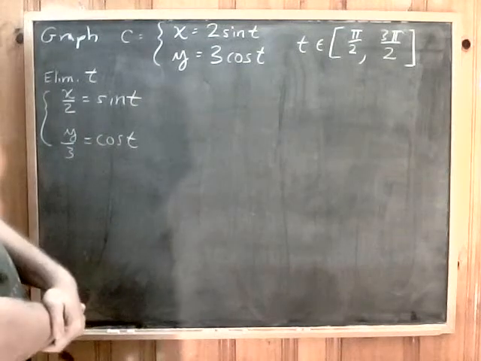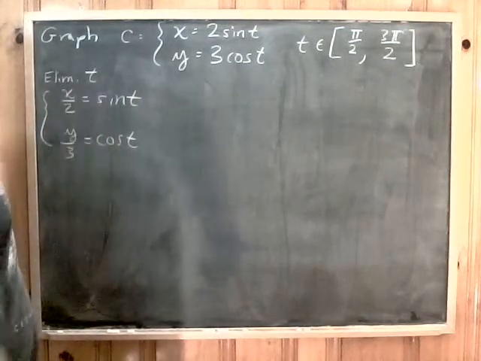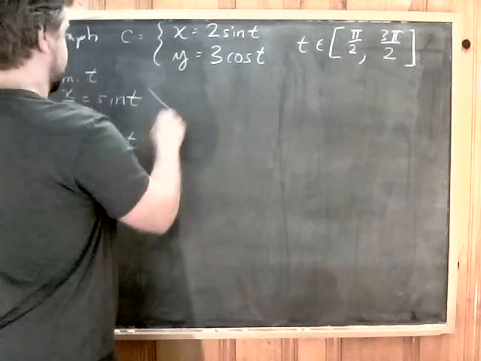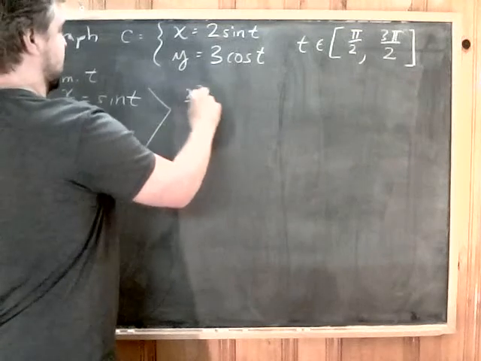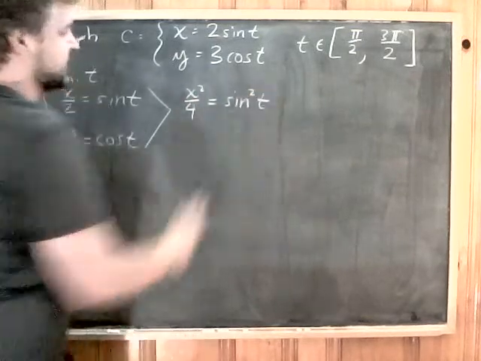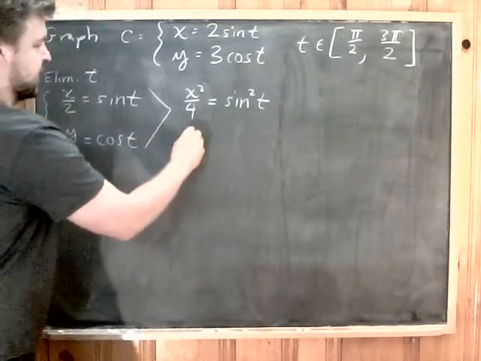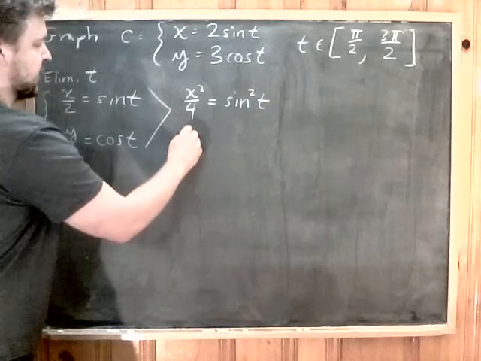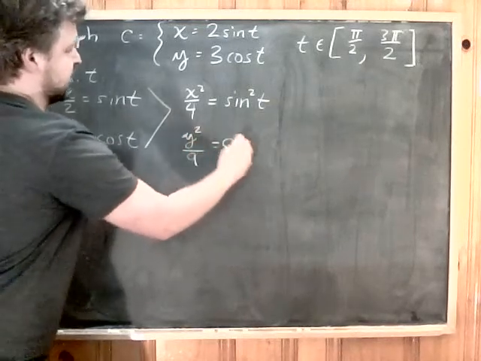And then I'll square both sides. I wanted to do that to get sine squared plus cosine squared. So squaring both sides, I get x squared over 4 equals sine squared t, and y squared over 9 equals cosine squared t.